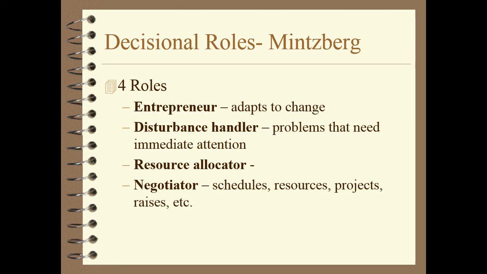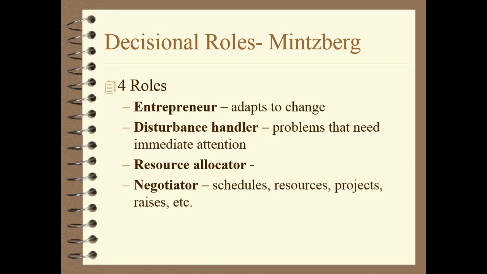That is ensuring social order. There's also ensuring material order, that the right thing is at the right time, doing the right thing. This is material order. The manager is also a negotiator. Here, the manager makes decisions on schedules, resources, projects, and many other things.